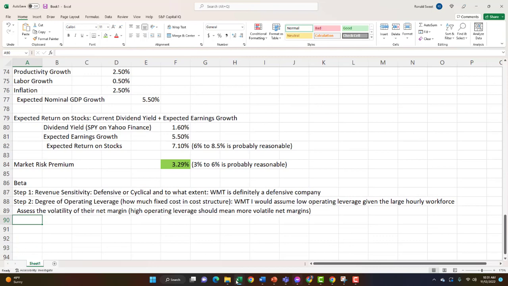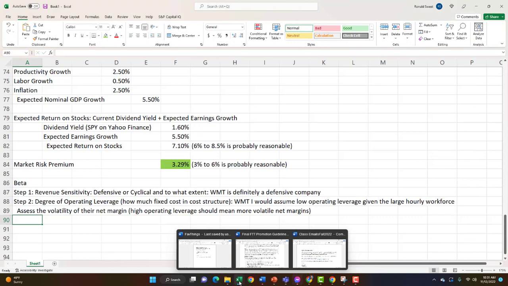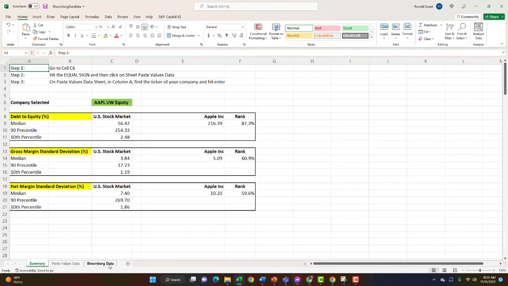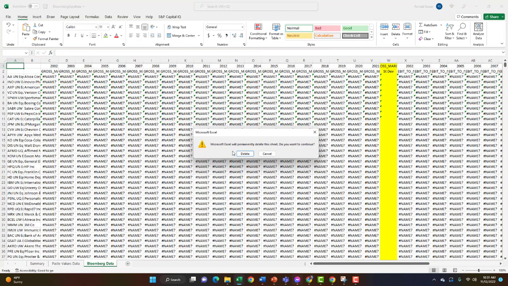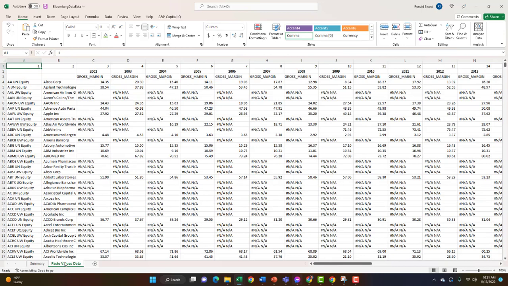So in Blackboard you have a file that shows you how to get the beta. What you do, first of all, is go to the pace values part of it and find your company.